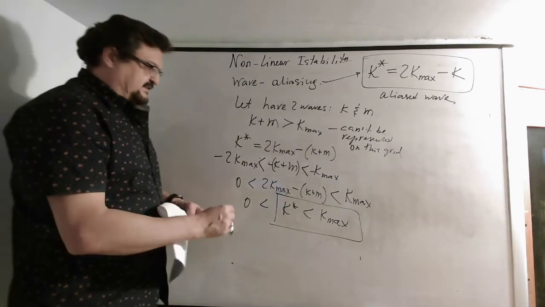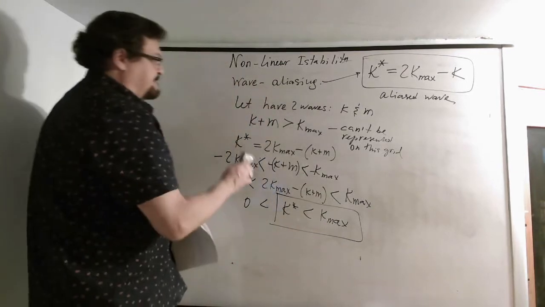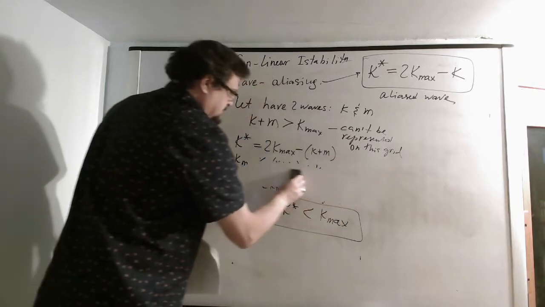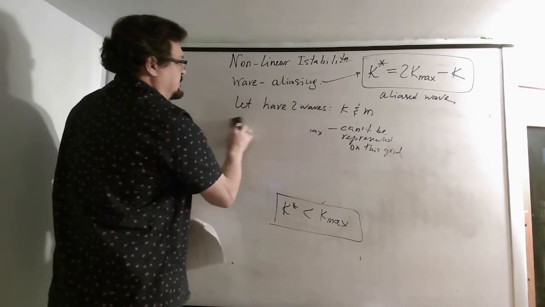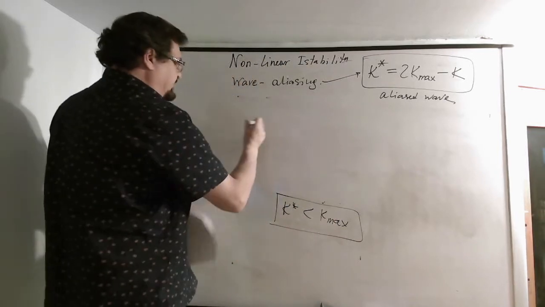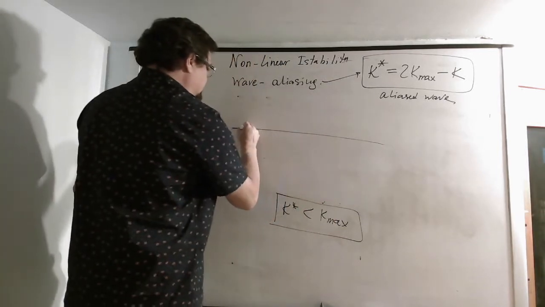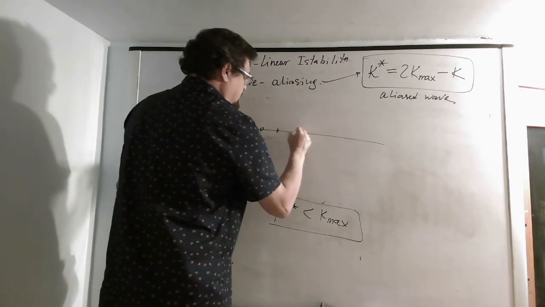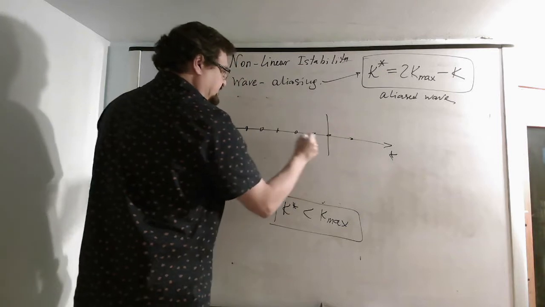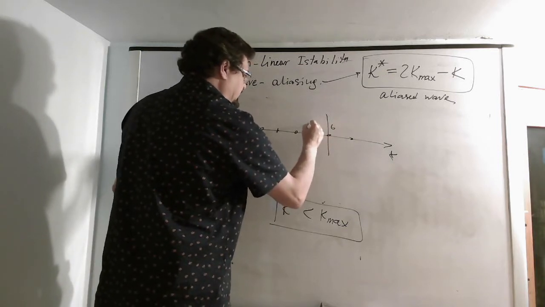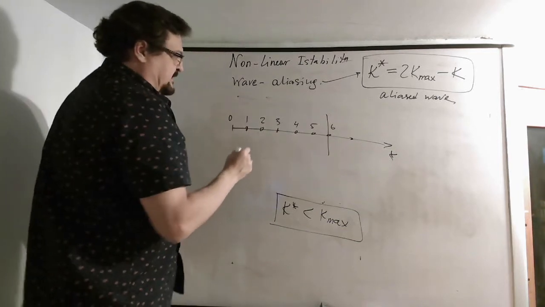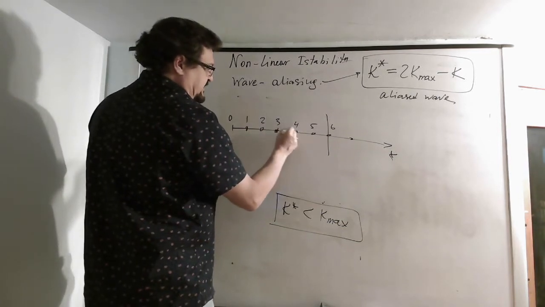Let's see what it means in our example. Our wave numbers go 6, 5, 4, 3, 2, 1, 0. We have two waves interacting, 3 and 4.